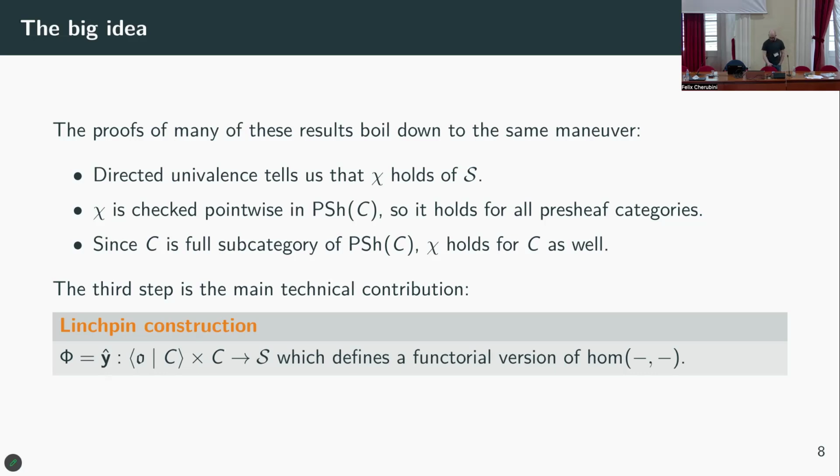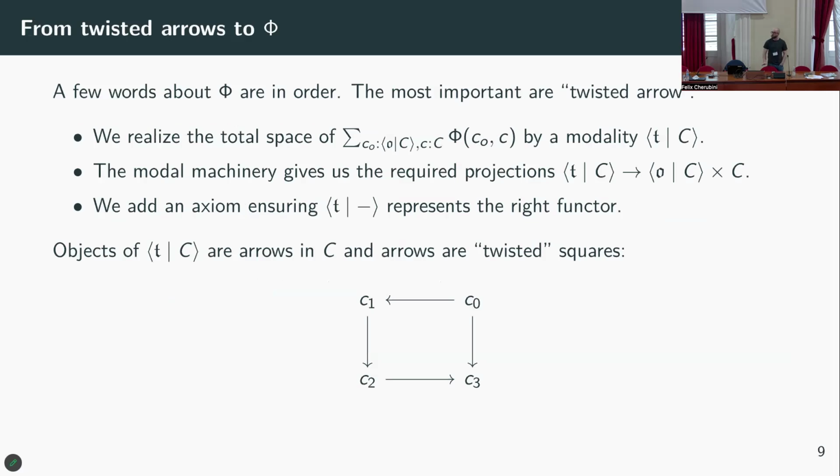Okay. So since this is the main technical contribution, I feel obligated to say a few words about how it's actually done, but I don't honestly want to say that many. The most important bit is that we realize the total space of this phi primitively in the theory. So this is the twisted arrow category, whose objects correspond to morphisms in some type.